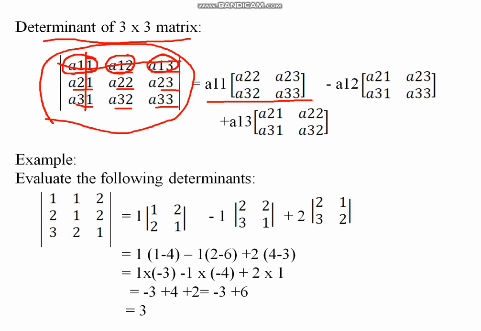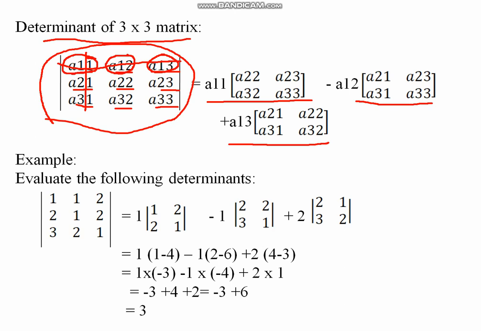So A11 into minor of A11, that is the determinant of [A22, A23; A32, A33], minus A12 into minor of A12, plus A13 into minor of A13. Similarly, to find the minor of A12, delete the first row and second column, and find the determinant of the remaining matrix.